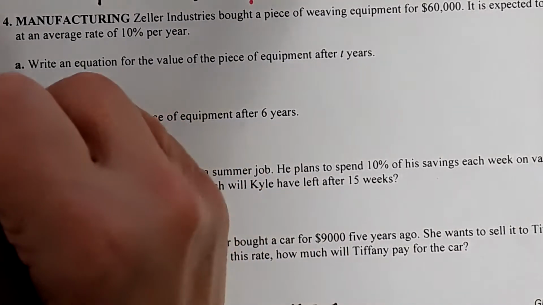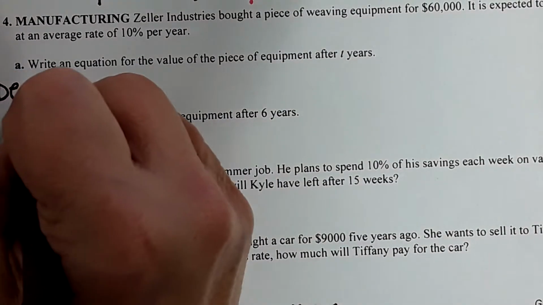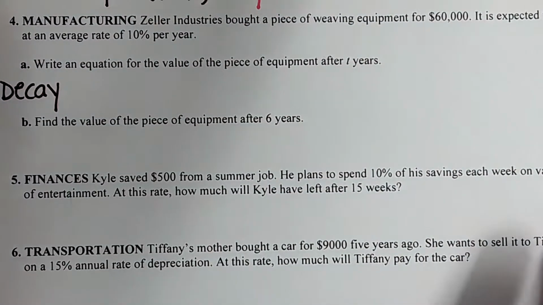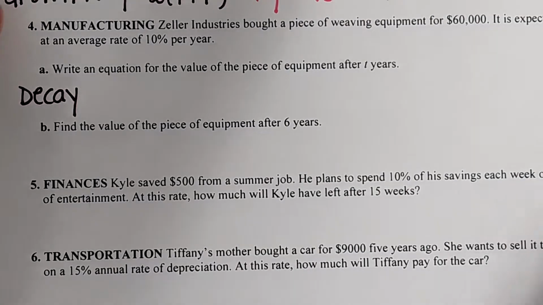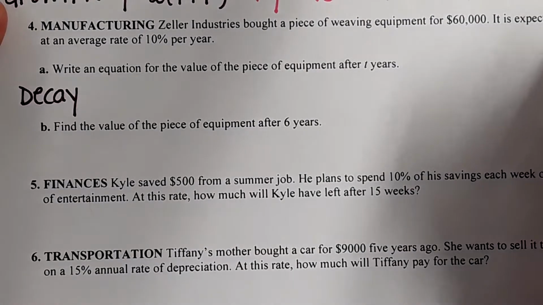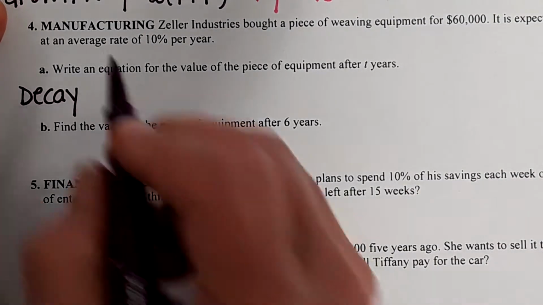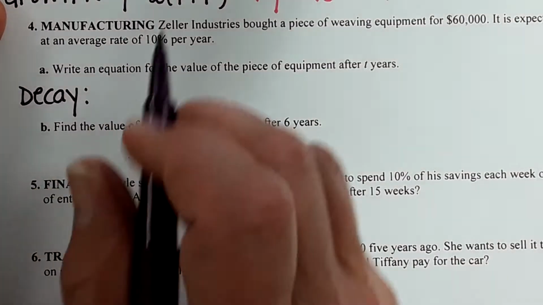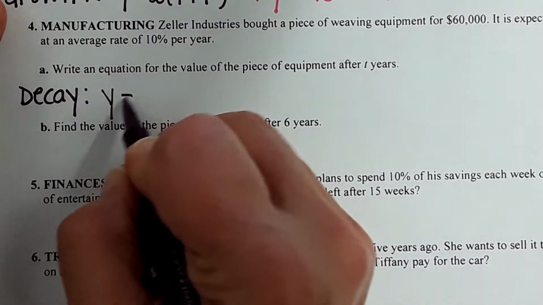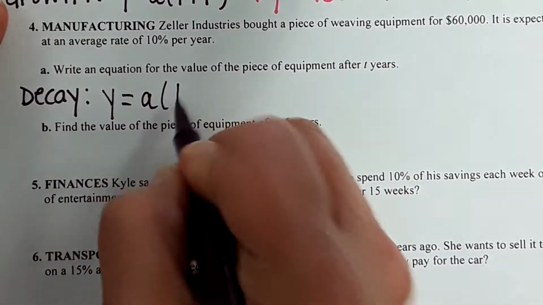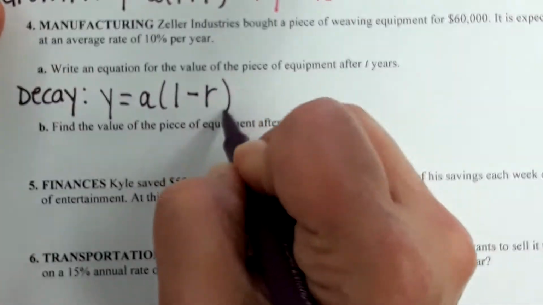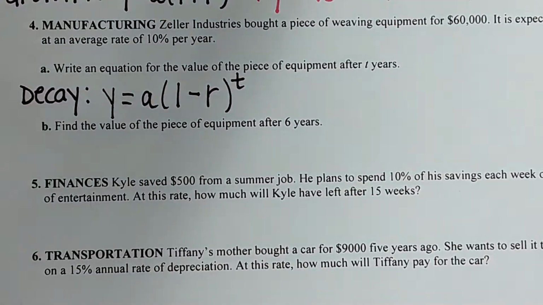So it is decay. And you guys, what word told us it was decay? Depreciate means decay. Okay, so now watch the difference in the formulas, you guys. Y equals a(1 minus r)^t. So depending on whether it's decay or growth, it depends on whether it's a subtraction or addition.